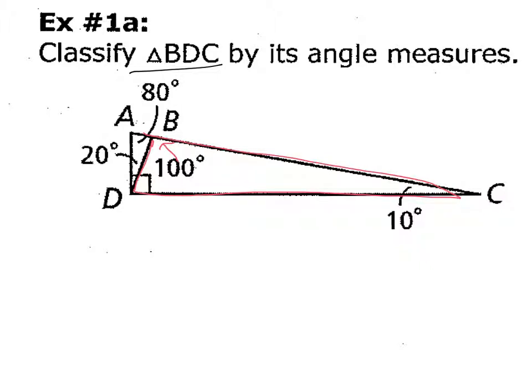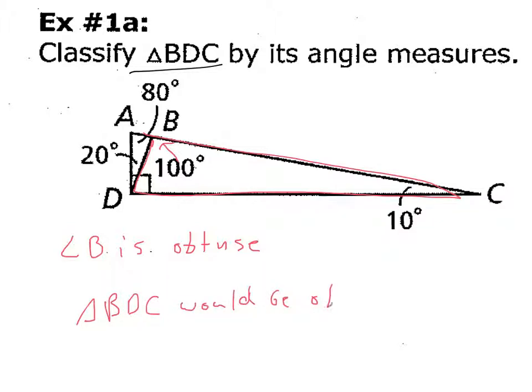Since that's 100 degrees, angle B is obtuse, and since angle B is obtuse, triangle BDC would be obtuse. So don't make these harder than you need to. You just need to remember your different classifications and which one should fall in which category.